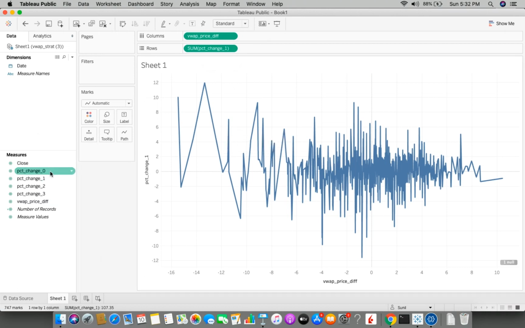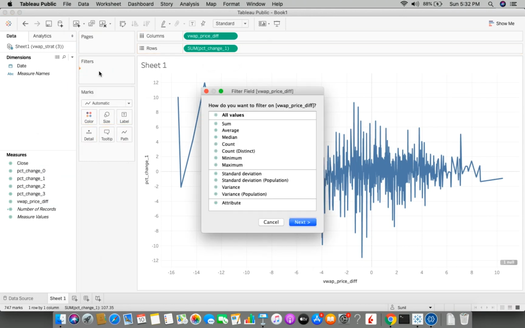This is what it looks like to me. It looks very weird. It's not so simple to understand. Price change tomorrow ranges from minus 12% to plus 12%, against the VWAP price difference. So I will move VWAP price difference to filters also.